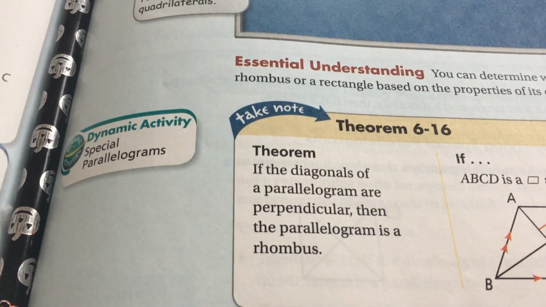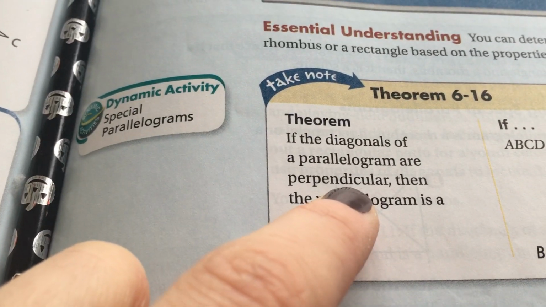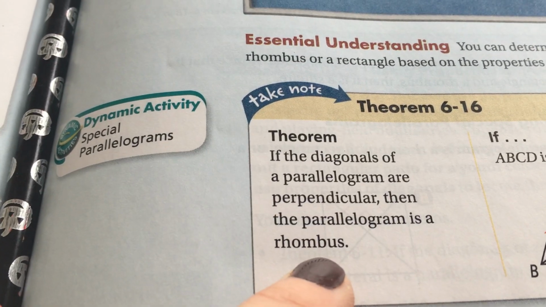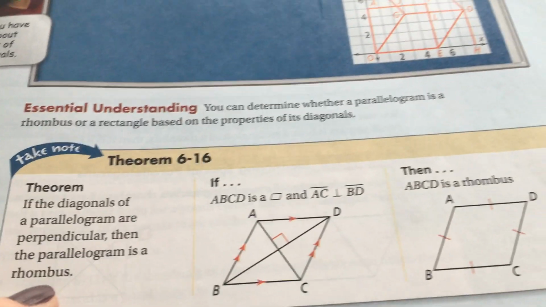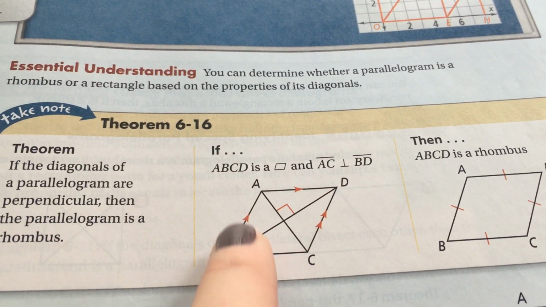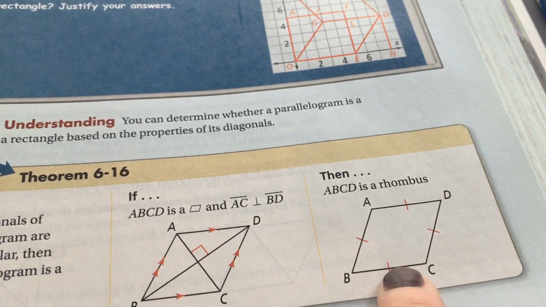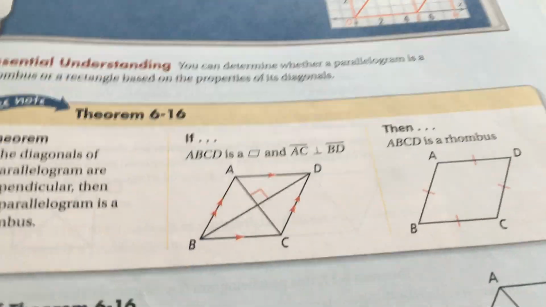So this is saying, if you have a parallelogram and its diagonals are perpendicular, then you know the parallelogram is a rhombus. So here they tell you it's a parallelogram. They tell you that AC is perpendicular to BD, so you automatically know it's a rhombus.